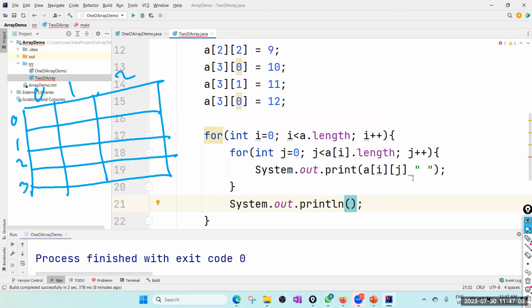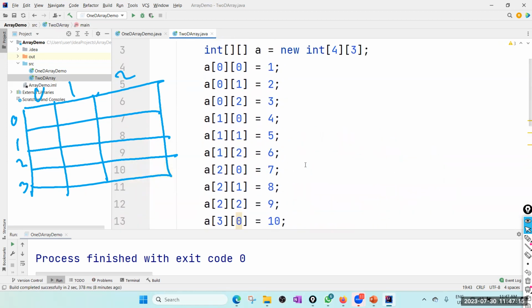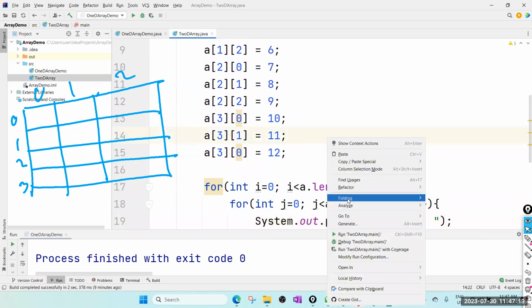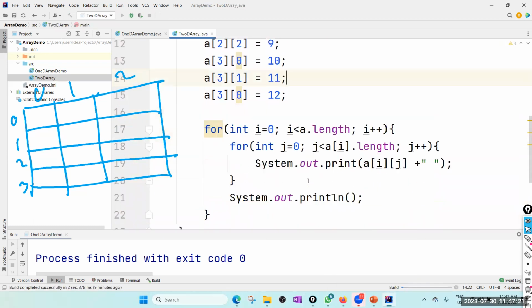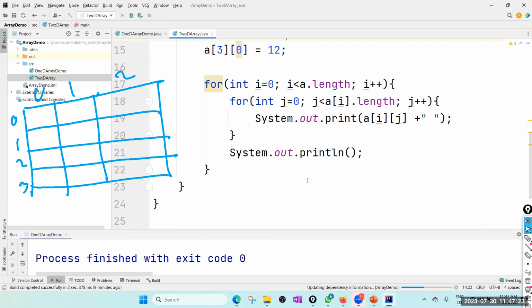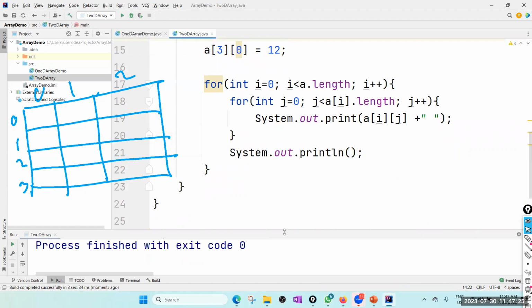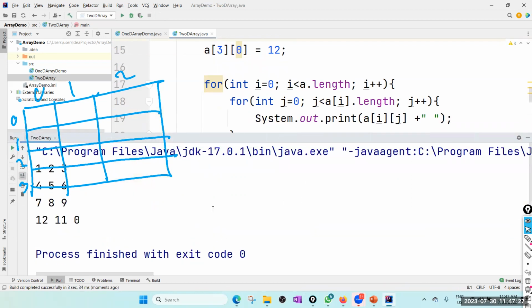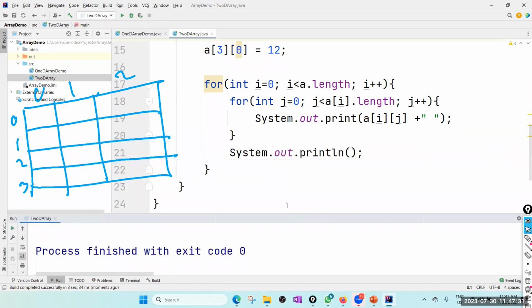So this will print row by row: 1 2 3, then 4 5 6 7 8 9 10 11 12, okay. Let's run it. So row by row we print element by element, row wise. The other for loop is much easier.